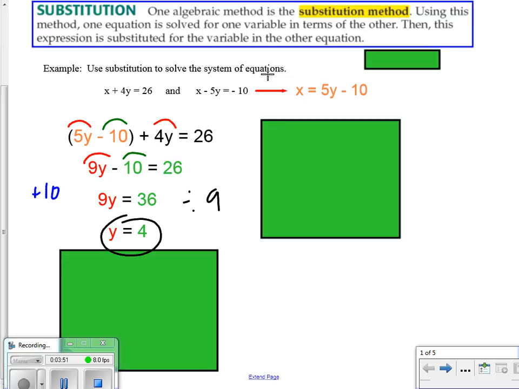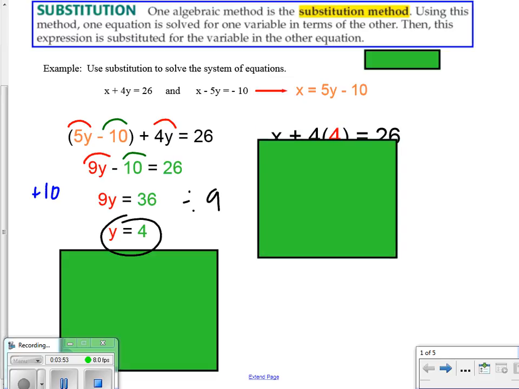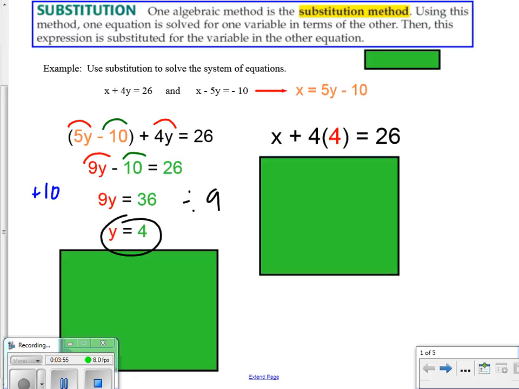So if we want to find out what that x value is, we simply take one of our equations and plug y in. So again, all I did is plug this y equals 4 into one of our equations. And you could use either one. I just happened to use the first one. So instead of saying x plus 4y equals 26, I now have x plus 4 times 4, because I plugged in y equals 4.